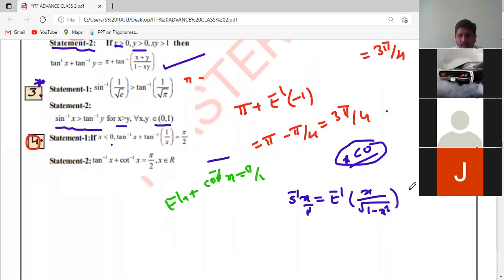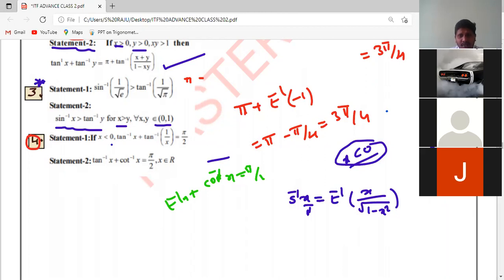Okay, this is correct. See here, the interval is just 0 to 1. Tan x is an increasing function in the first quadrant, so the value is increasing.